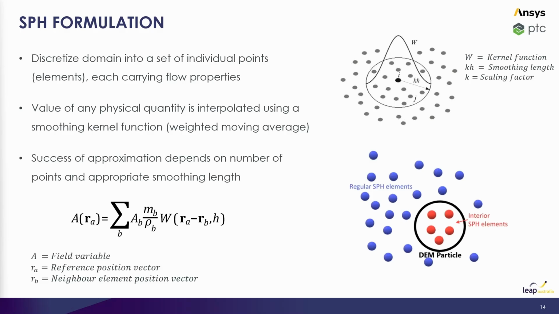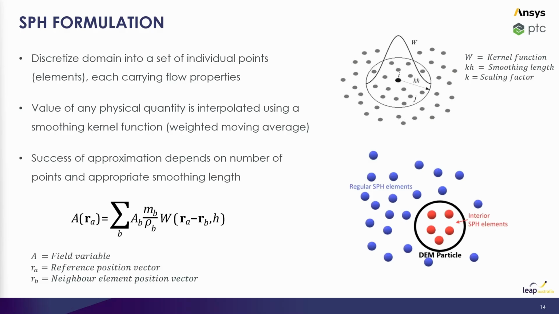And so each of the fluid particles, well, if we're considering one particle at position A, will interact to varying degrees with its neighbors at position B, based on the separation distance between particles or elements and the value of the smoothing or the kernel function, as we call it.